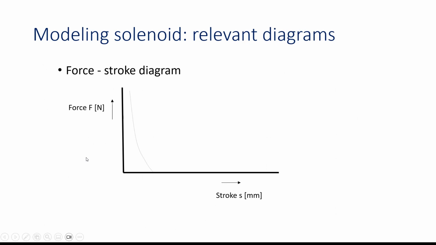Then we can discuss two important diagrams, and one of the most important diagrams is the force stroke diagram. Often a solenoid supplier, when you have a good supplier, mentions this graph in his data sheet. On the horizontal axis of that graph we have the stroke in millimeters, and on the vertical axis we have the force.